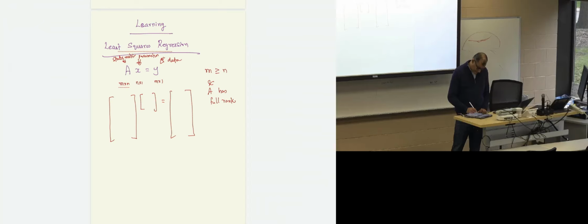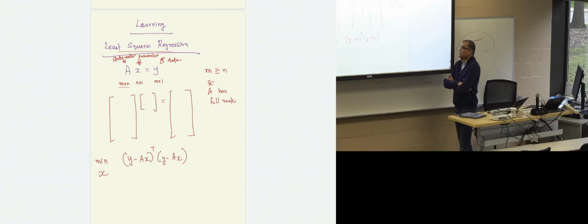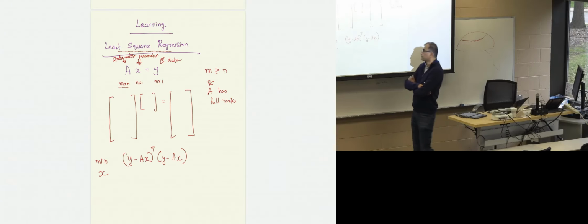It just says, I want to minimize the 2 norm of the difference between the data and the model prediction. So (y minus Ax) transpose (y minus Ax). I want to minimize this over x, right? So this is least squares minimization.